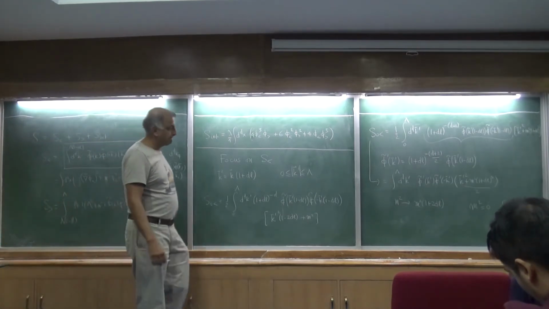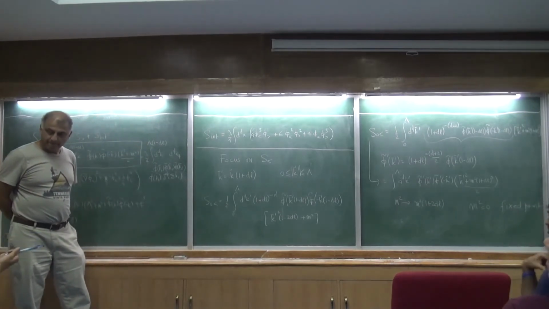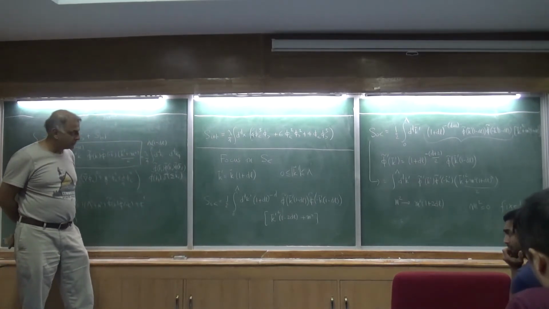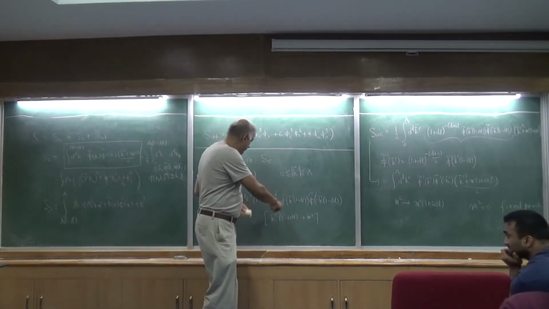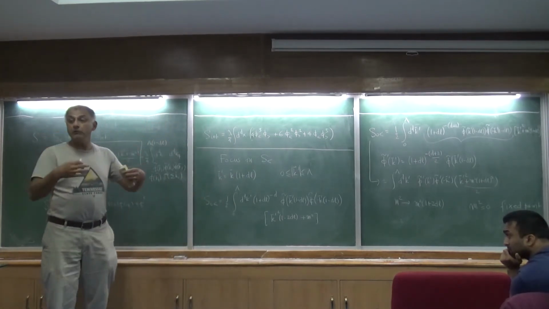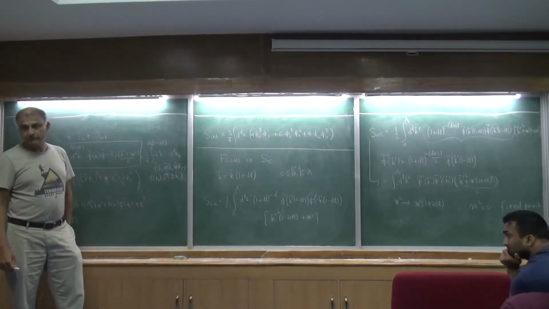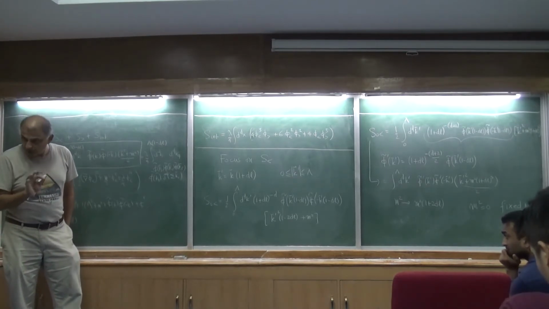But I am working with a smaller cutoff now, so we have to make it the same as the original. The whole point of this rescaling was to make it look as similar as possible to the original one before I started doing RG. Before I started doing RG, I didn't have small, large, nothing.